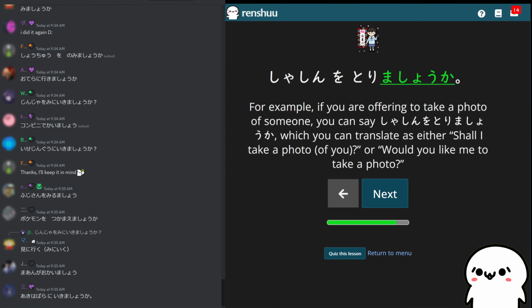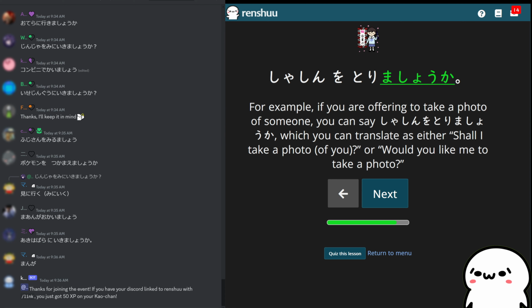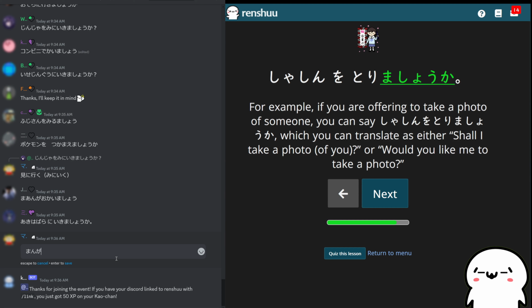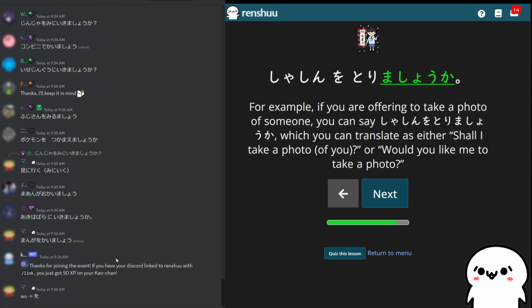Manga is spelled a bit more simply. And don't forget when you're using that particle to mark what you're doing, like what you're buying, they're pronounced the same. But whenever you type it, you're going to want to use that WO. As in, whoa, I have to type this out.